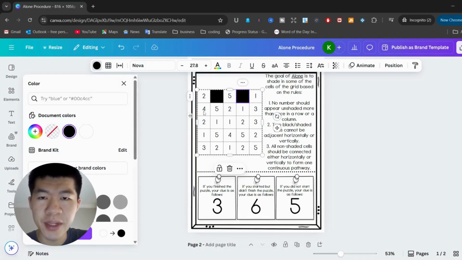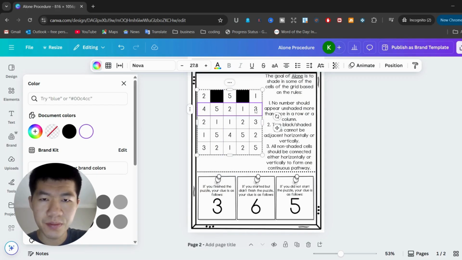All right, next, if I look at this row right here, I don't see any duplicates, so I'm not going to shade in any cell in this row. Now for this row here, I see that there are two twos and two ones.